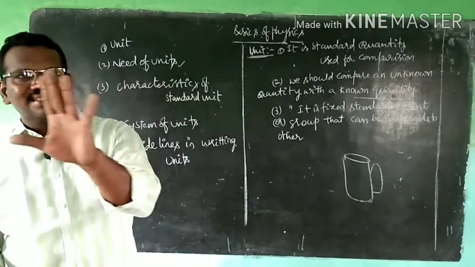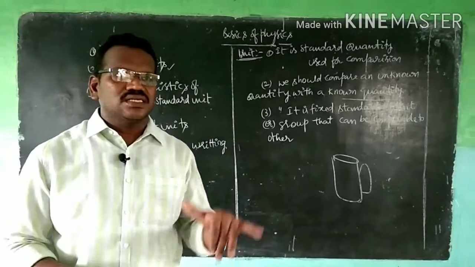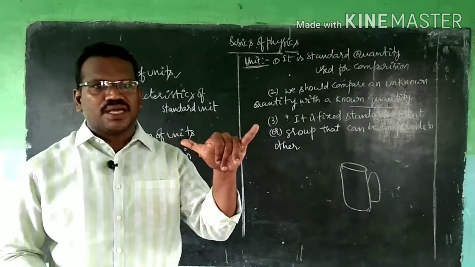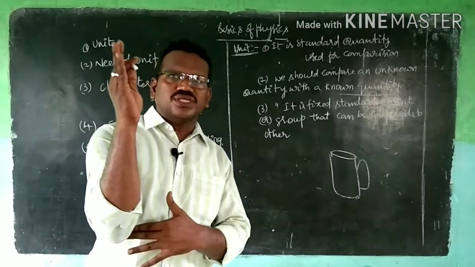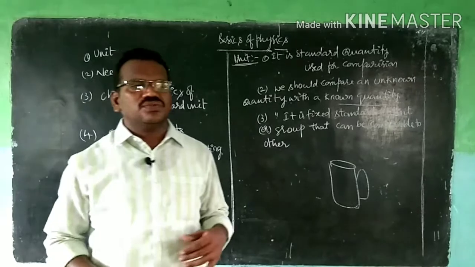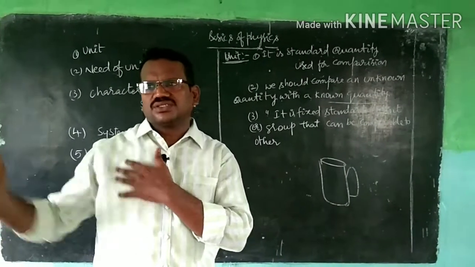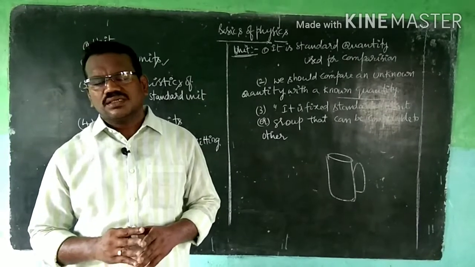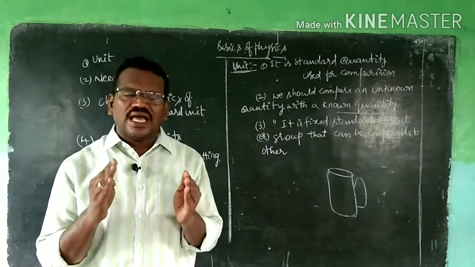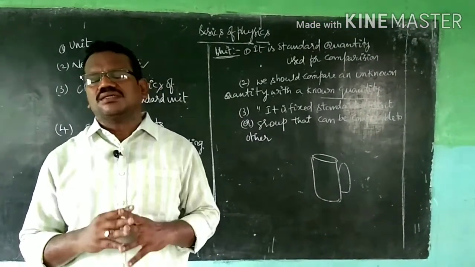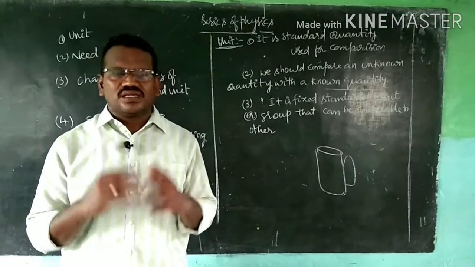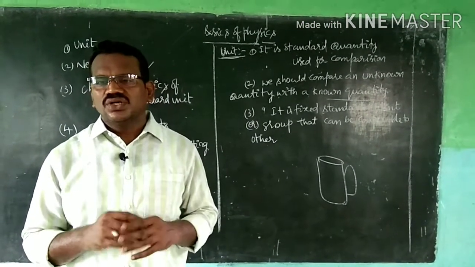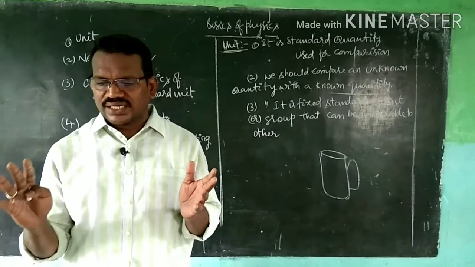To measure length, sometimes we use hand span, sometimes cubit, different kinds of lengths. If we utilize these, that is not an accurate measurement. Measurements will differ. So for that we require a standard quantity.